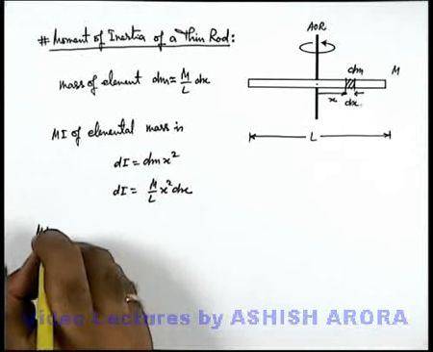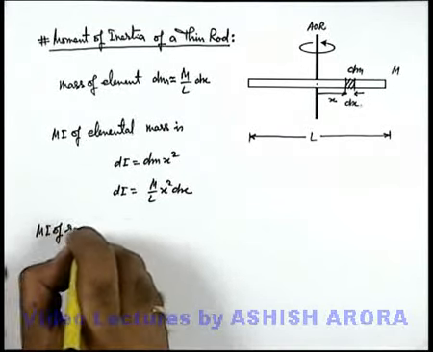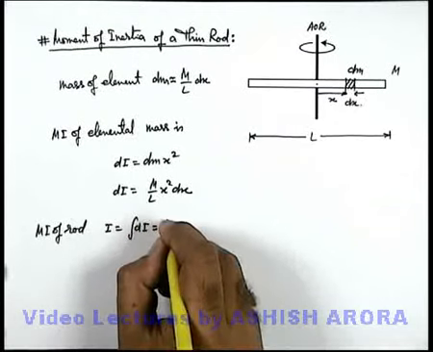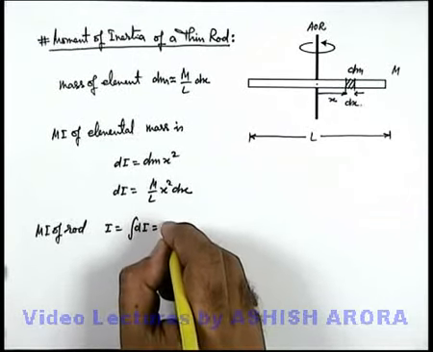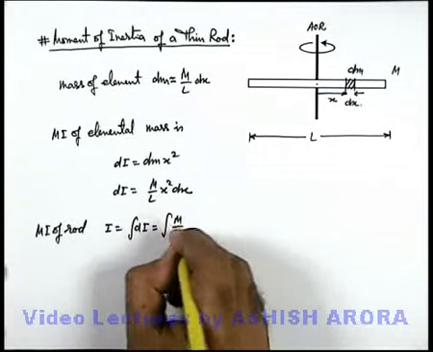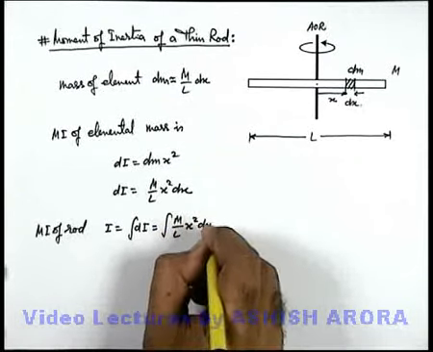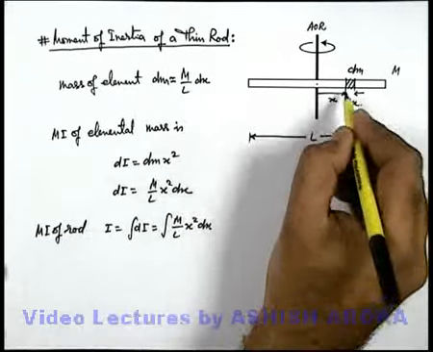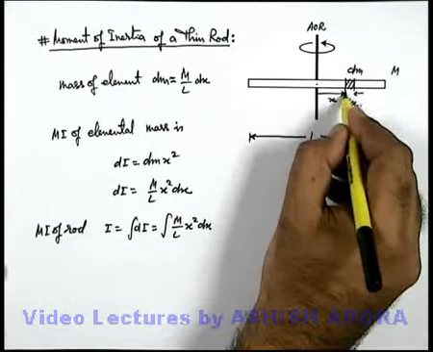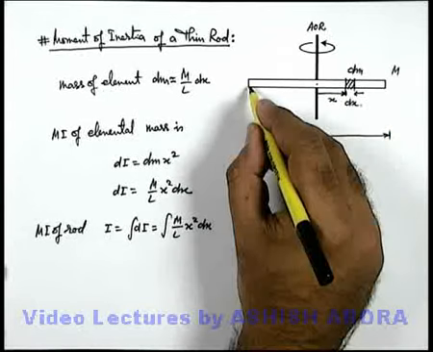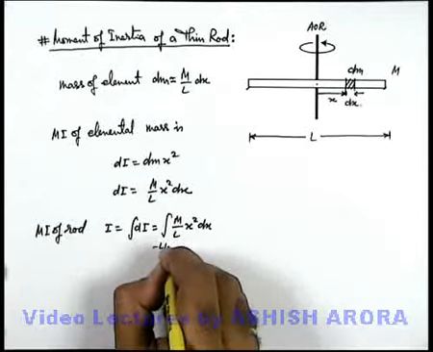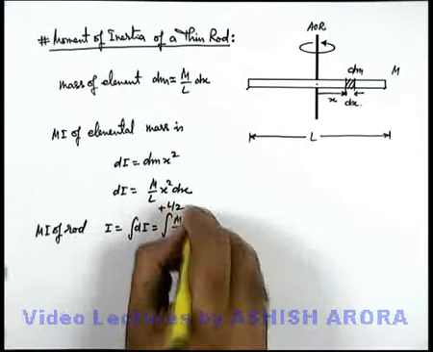And the moment of inertia of the rod we can calculate by integrating this dI, which is the integration of m by L x square dx. M by L is a constant, so we'll integrate x square. When we put limits of integration, x is integrated from left hand to right hand, so it will be substituted as minus L by 2 to plus L by 2.